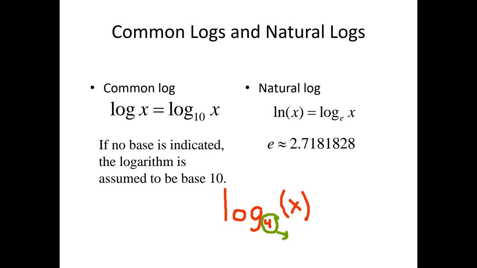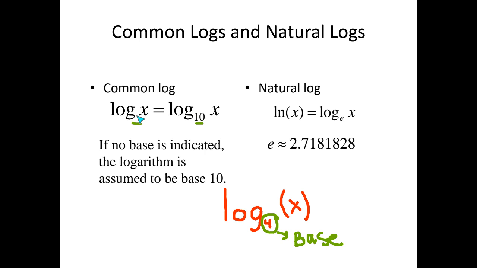If this is missing when you're doing the log, so for example, over here, I don't see a little number here, that means that the base is going to be 10. Okay. So anytime you see a log without this little number, then that means that it has a base of 10. We just don't write the base of 10, but it's assumed to be base 10.